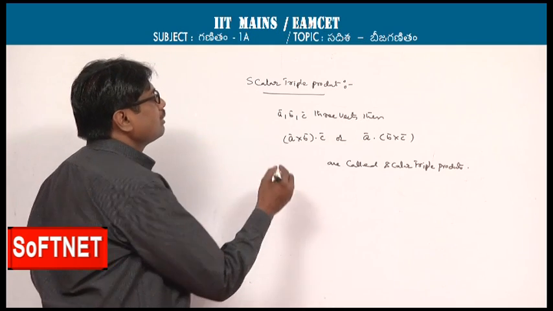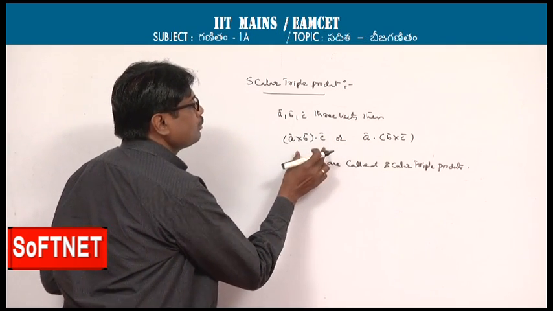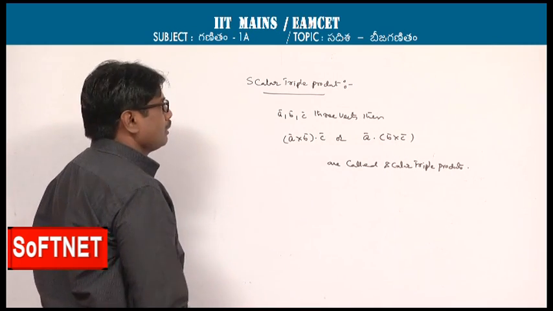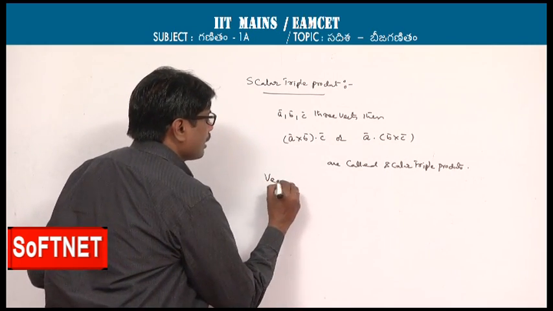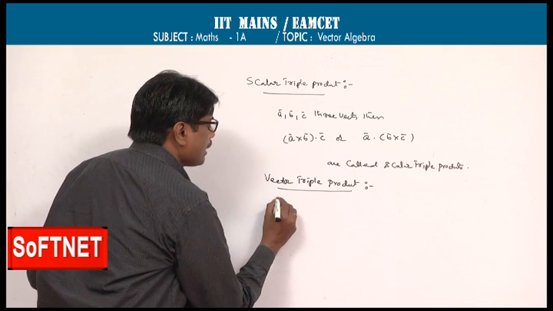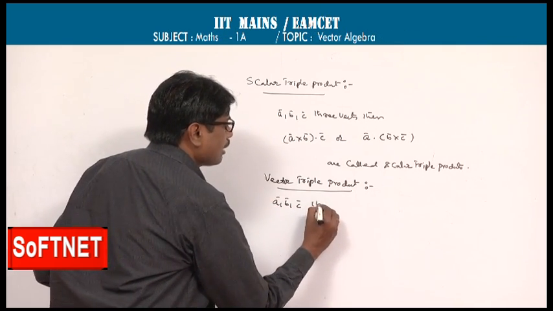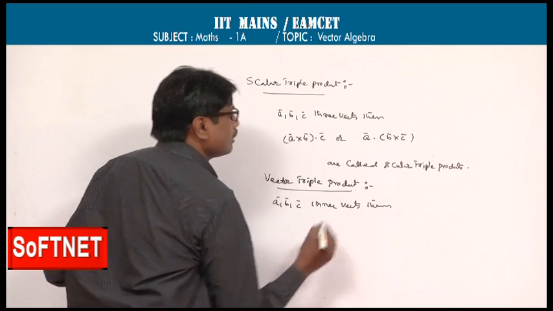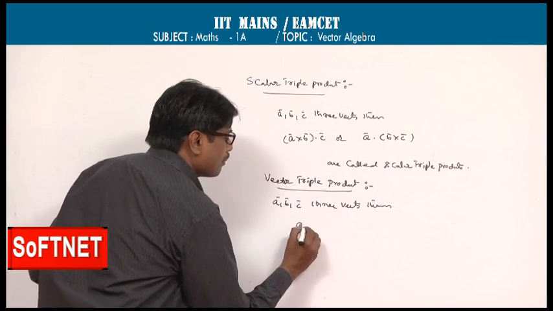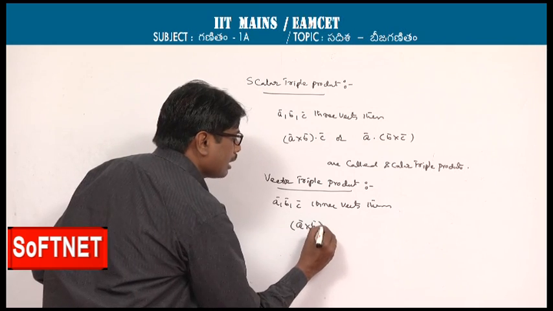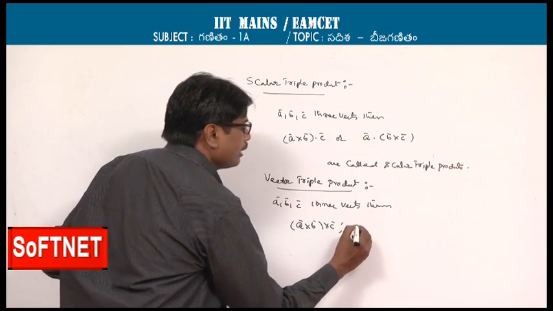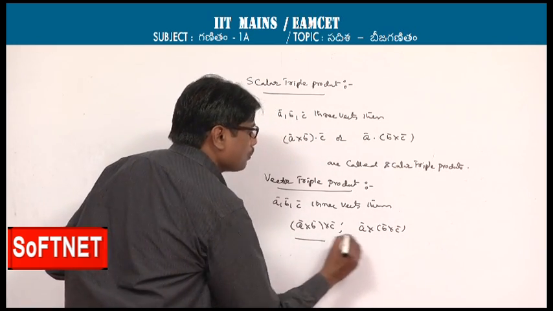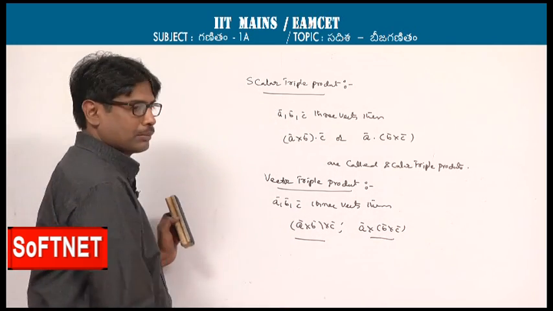Just now, this is a vector and between two vectors dot, it is meaningful. And vector triple product: a bar, b bar, c bar, three vectors. Then the products a bar cross b bar cross c bar and a bar cross b bar cross c bar, these two products we call the vector triple product.